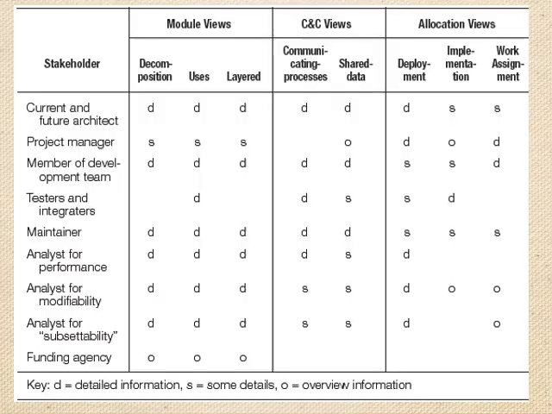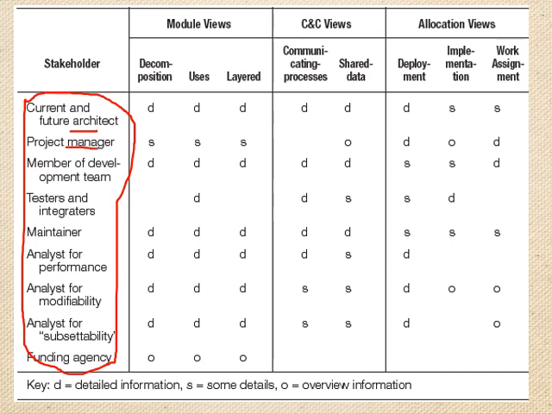We said the first step to create views is to create a candidate view stakeholder list. So here we have a list of the stakeholders, or the people who might use our document or our system. For example, current architects or future architects, project manager, testers, maintainers, analysts, and funding agencies, and so on.